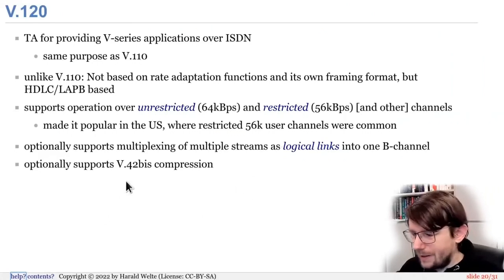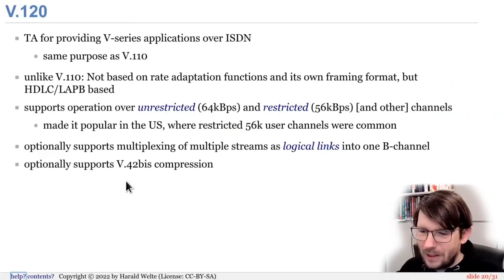Also, since it's not, let's say, bit-oriented transmission, but works with frames, it can implement compression of the data. Since data is buffered on both sides anyway, you can actually go and compress that data before transmitting it over ISDN.